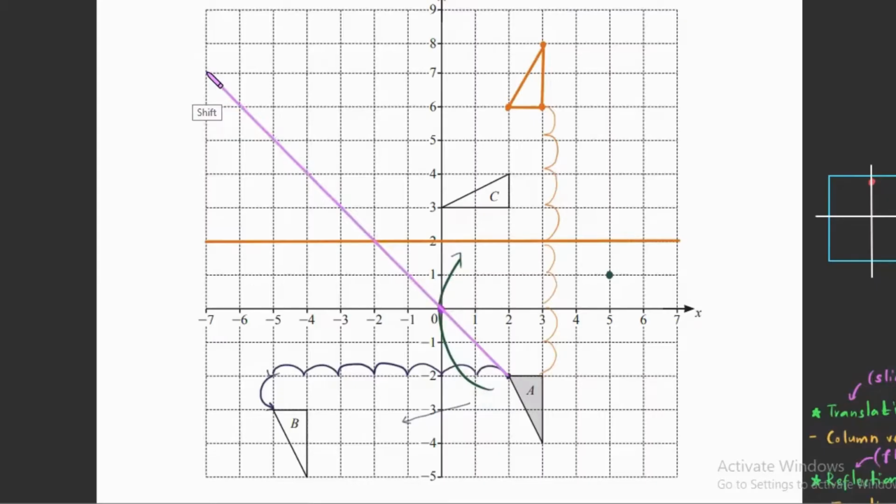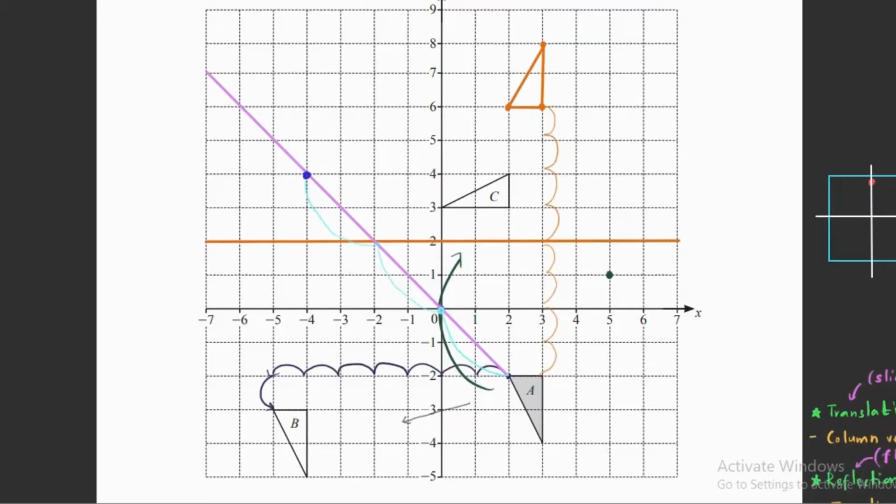Once I draw that, I'm going to see how far away this point is from the center, so it's 2 diagonal boxes away. I'm going to do the same thing, but as the scale factor is -2, from the center of enlargement, I need to make 2 jumps of that same distance, which will bring the point here.